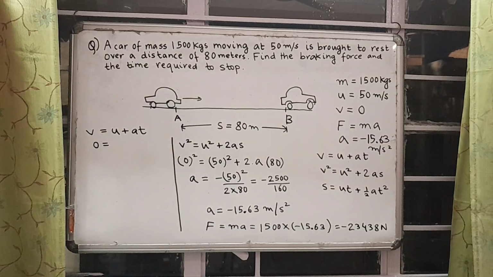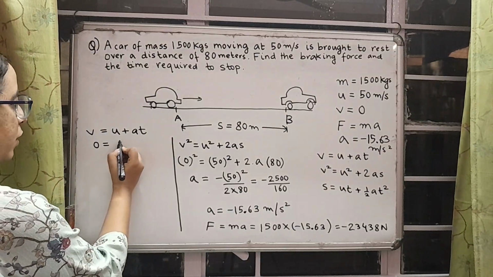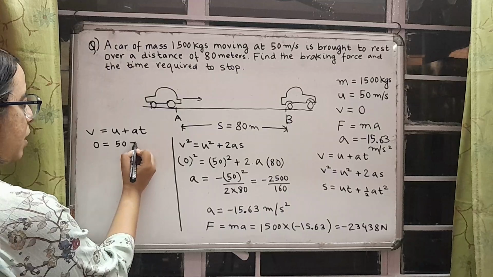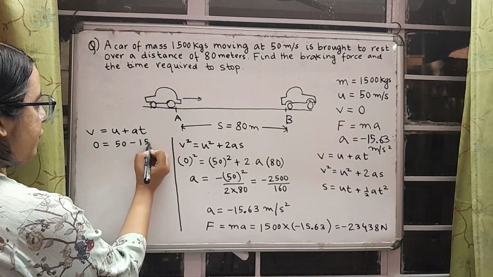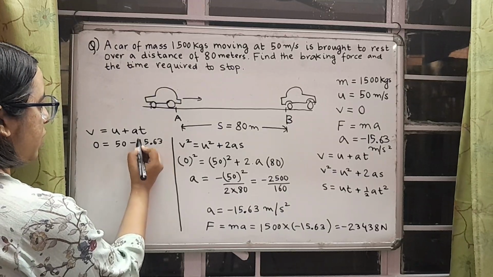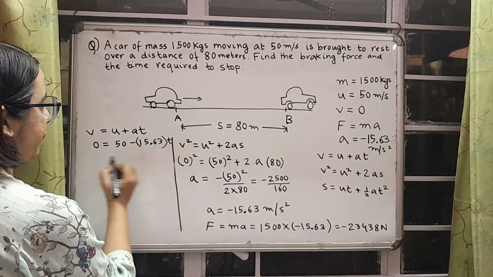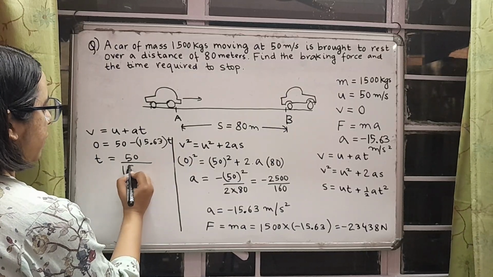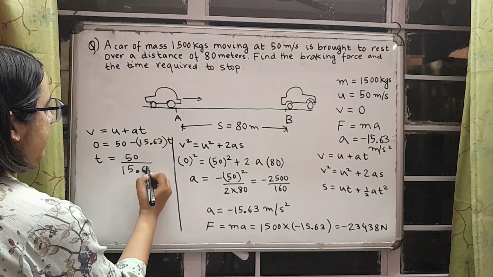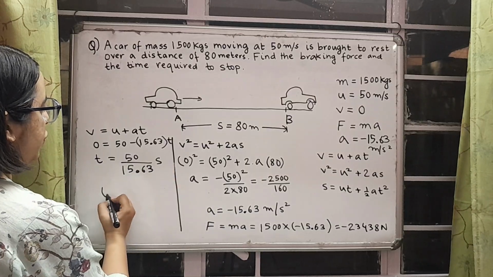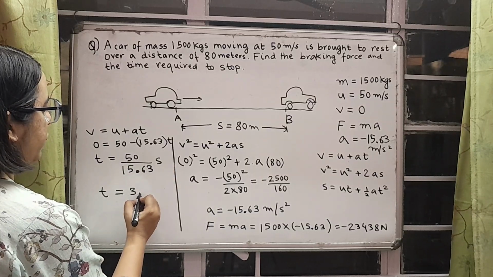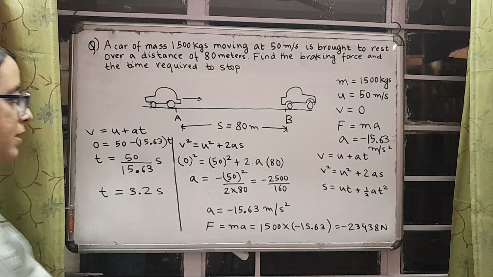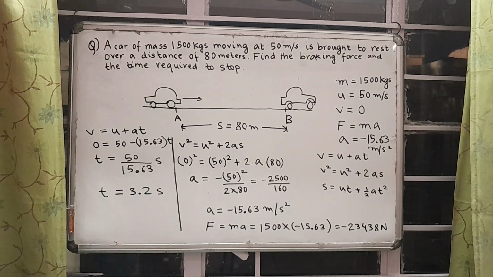Initial is 50, minus 15.63 into t. So t will be 50 by 15.63 seconds, which is nothing but 3.2 seconds if you calculate this.